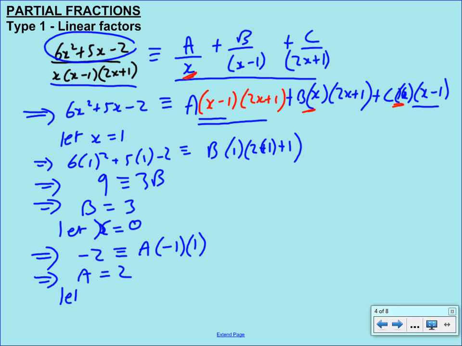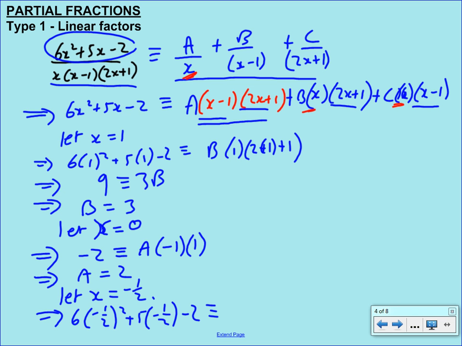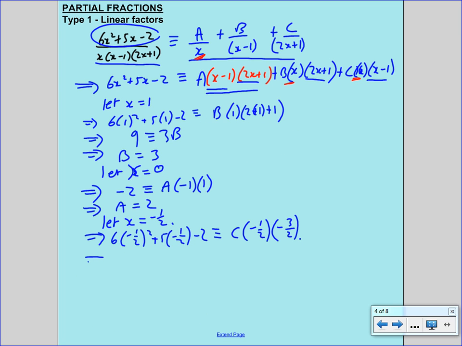And then again, let's isolate another. Let x equal minus a half this time, to get rid of this one and this one, to isolate c. So I get 6 times minus a half squared plus 5 times minus a half minus 2 is the same as just the c value this time. So c times minus a half minus 1 is minus 3 over 2. I'll get that in the calculator, so I can't be bothered to do it, because in the exam you can get that.